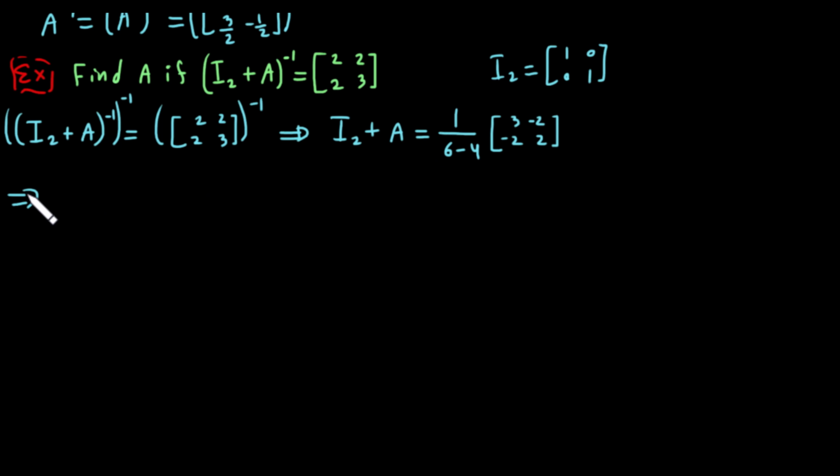Then here, I2 plus A equals, this simplifies to 2, so 1 over 2 times the matrix 3, -2, -2, 2. Then I have to insert this half.